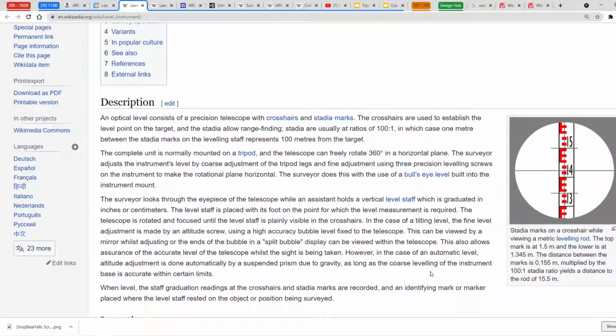So you sort of want to be at a high spot, because you can always drop your rod down. But if your rod has to be up here too high, you can't read it, right? That's the ground. You're just seeing the ground. So your level has to be high enough so that you can always get the rod down to the ground.